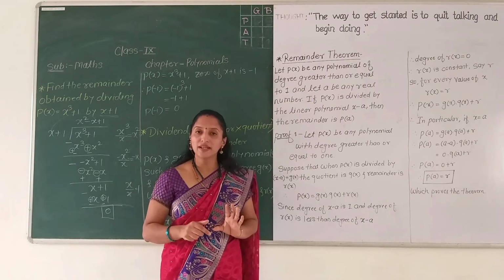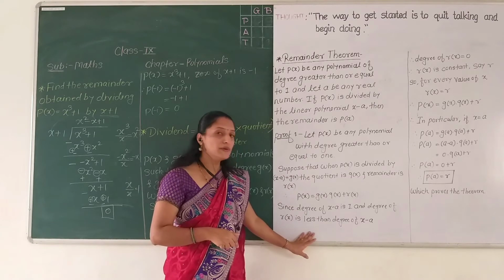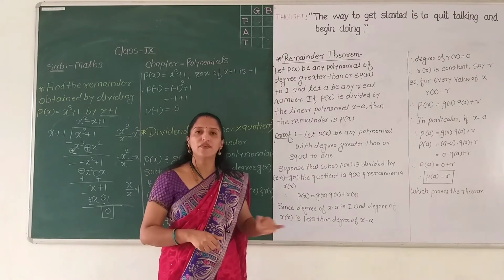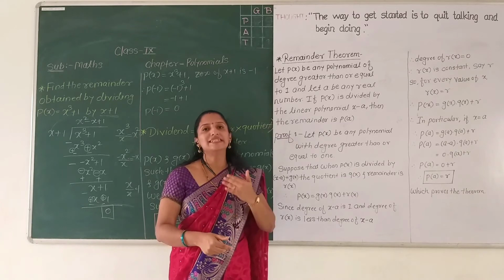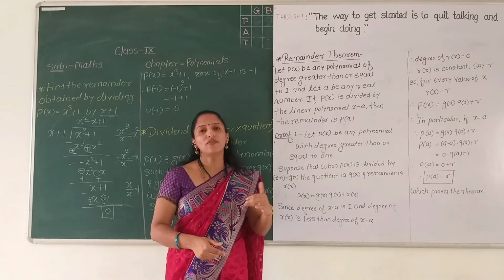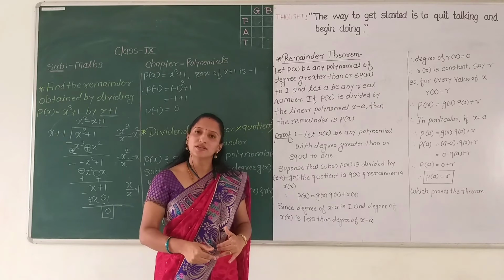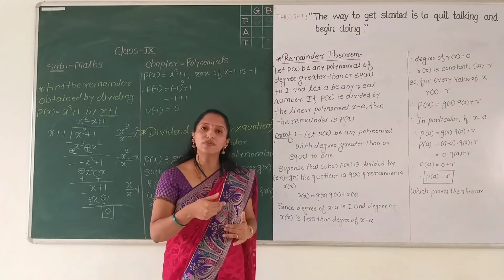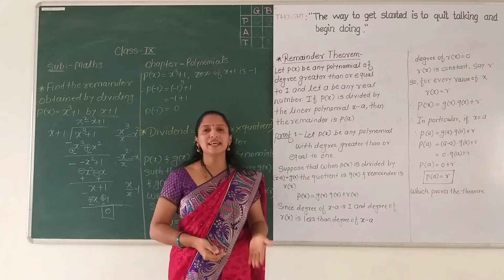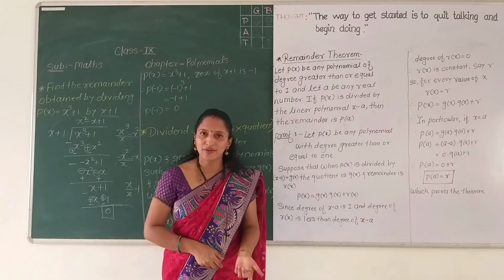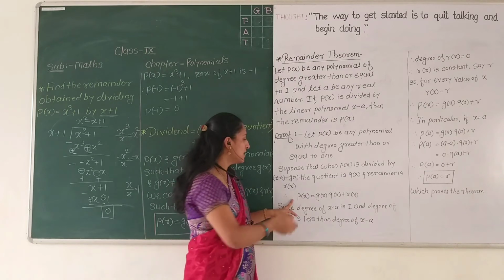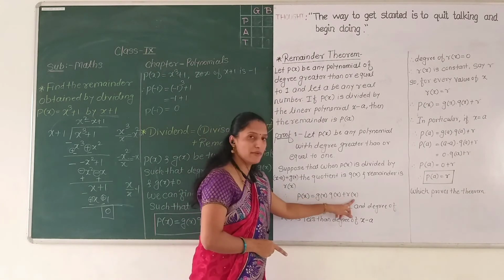I repeat again: we stop when the degree of the new dividend is less than the degree of the divisor. That is when we get the remainder, and in this case r(x) is the remainder.